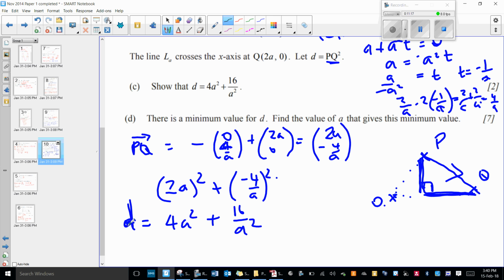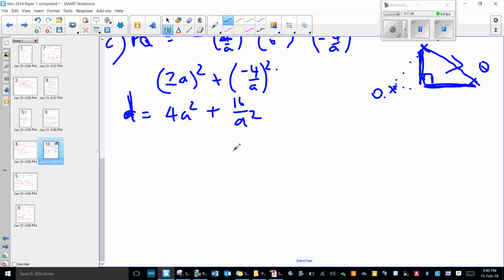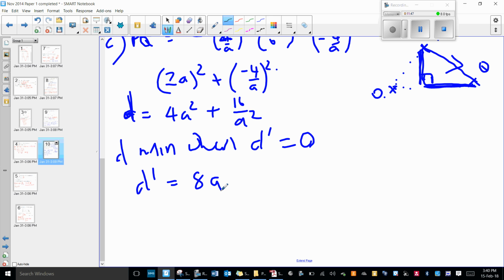Okay, so there's a minimum value for D. Find the value of a that gives the minimum value. So we know minimums occur when the derivative is equal to 0, so D' equals 0. Maybe we need to rewrite this first.